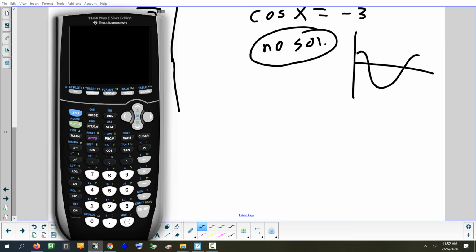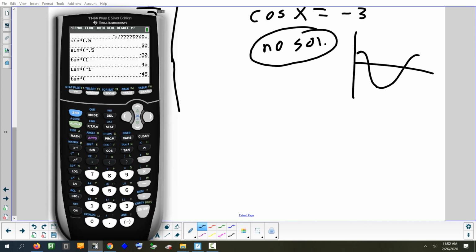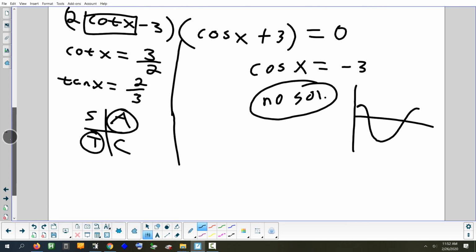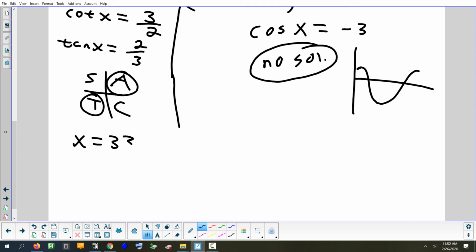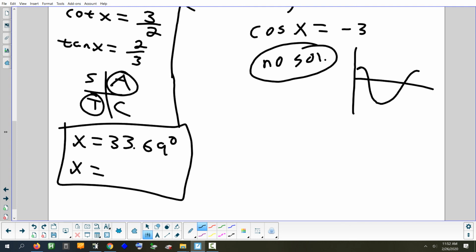Okay, so let's try it. Inverse tangent of 2/3. 33.69. Chris, what's my formula with my reference angle in the quadrant that Brandon just told us?